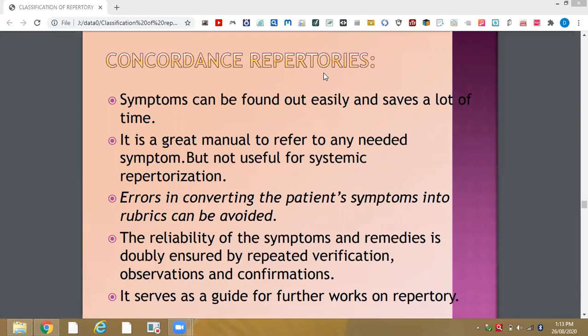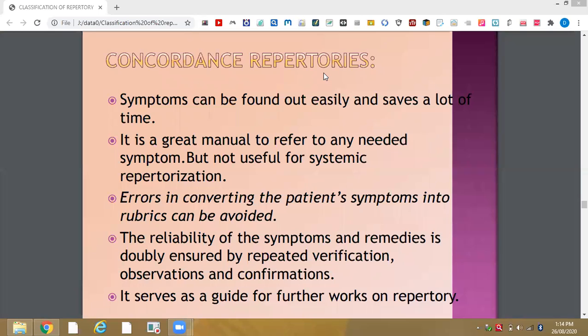Then the reliability of the symptoms and remedies is doubly ensured by repeated verification, observations and confirmations. As the drug is proved on many persons at the same time at different places, the symptoms and the indicated remedies are reliable because they are repeatedly verified, repeatedly observed in clinics and confirmed.